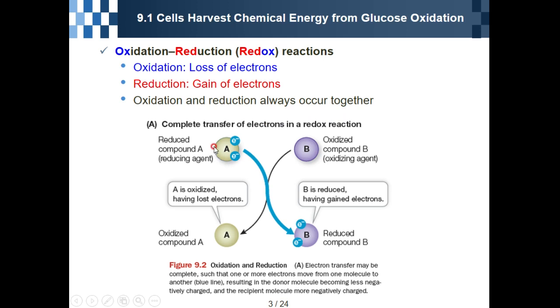For example, A has 2 electrons, and B doesn't have any electrons. During the redox reaction, A loses 2 electrons, so A is the oxidized compound. B gains 2 electrons, so B is the reduced compound. The important thing is that oxidation and reduction always occur together.